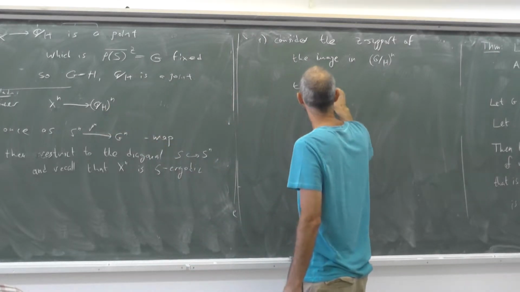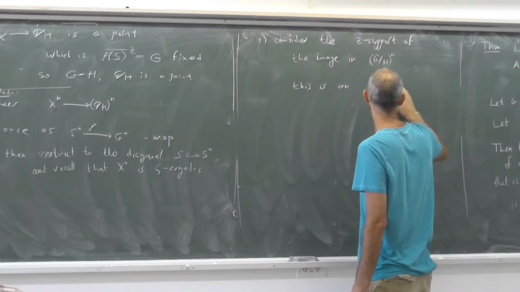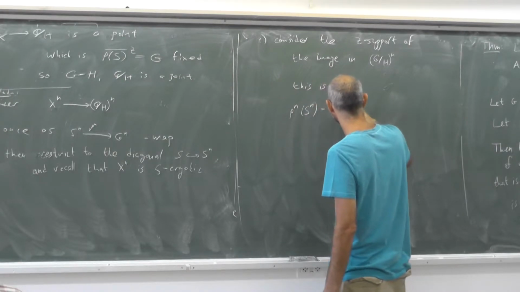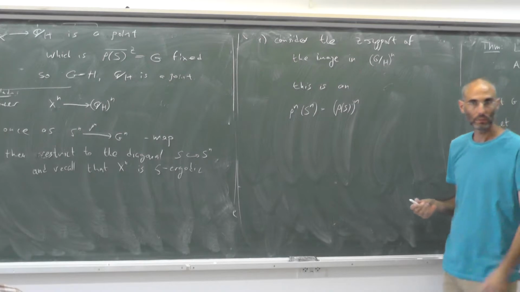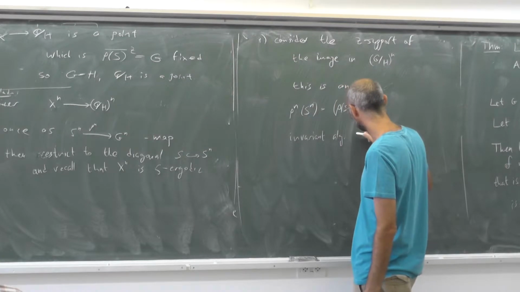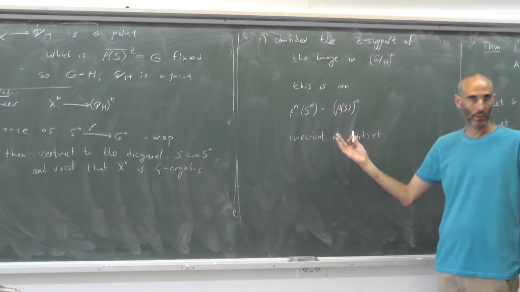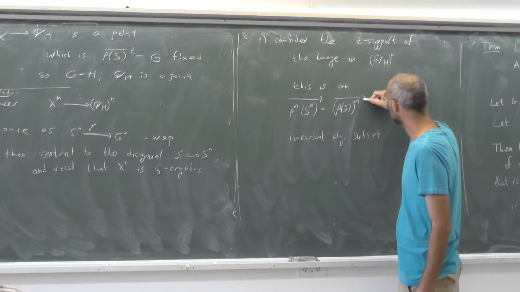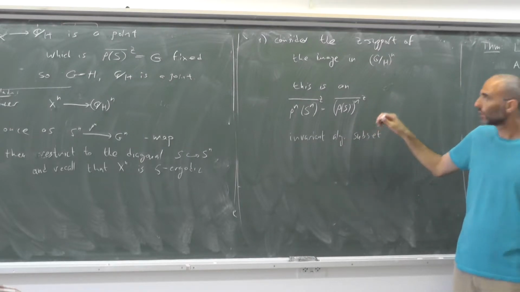This is an S to the n invariant algebraic subset. But the stabilizer of an algebraic subset is always Zariski closed, an algebraic subgroup.